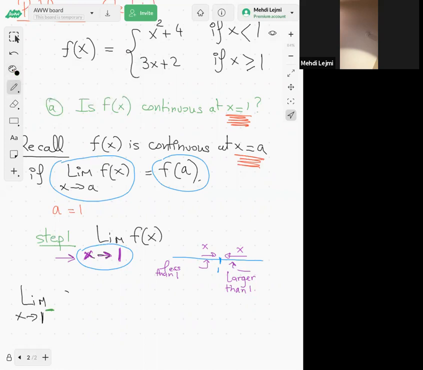In this case x is less than 1, so f of x would be x squared plus 4. Then you just replace x by 1, so that's 1 squared plus 4, which is equal to 5.